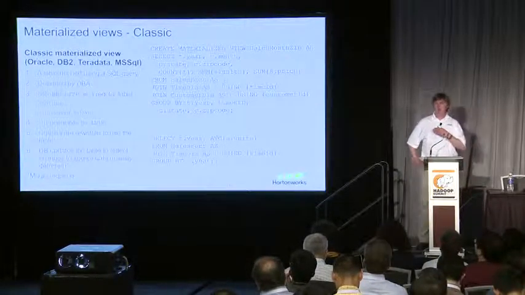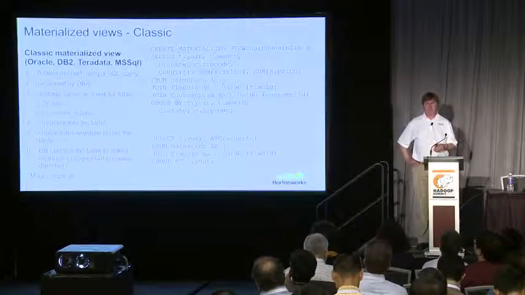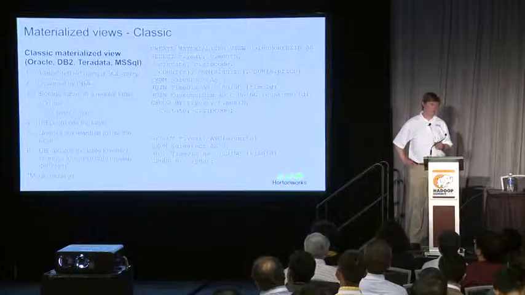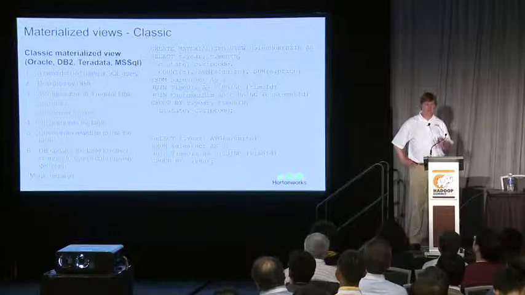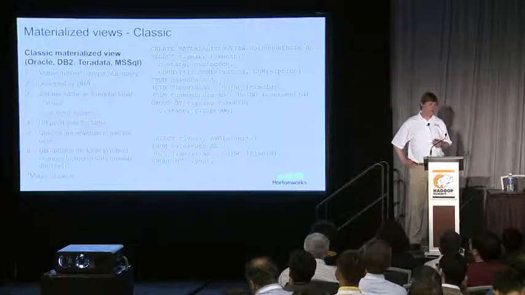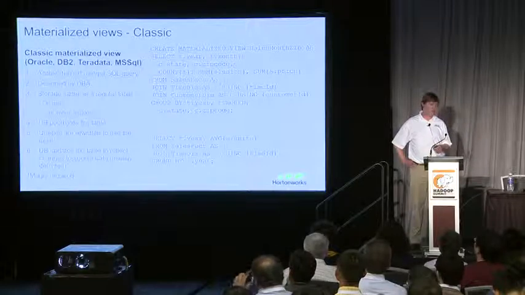So here are classic materialized views. This is kind of a primer on how Oracle and so forth do materialized views. It's a table defined by a query. It's designed by a DBA, and the DBA types this create materialized view statement in. And it's stored just like a regular table on disk. You could even create indexes on it and all the other good stuff you can do with tables.